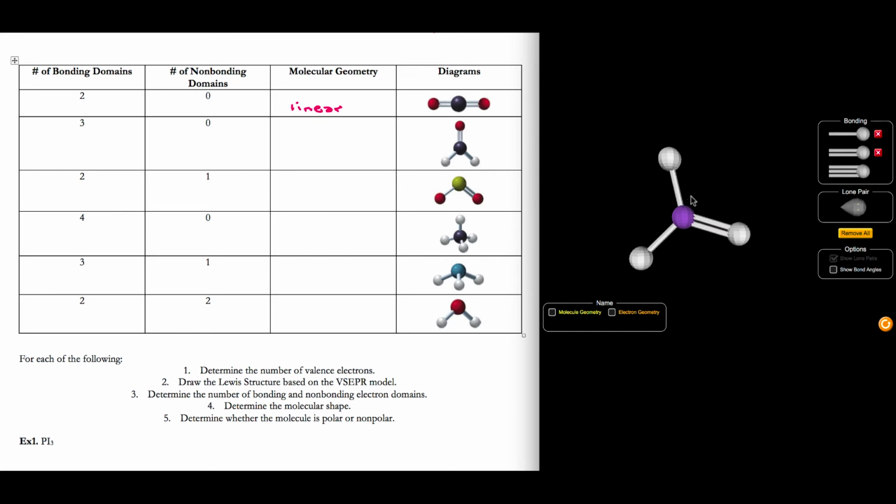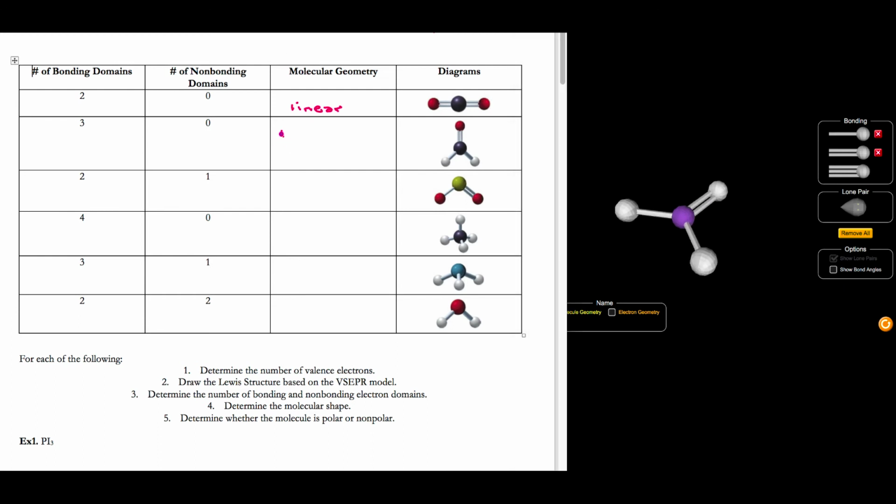This is what the shape looks like, and you can see it on the paper as well. Notice, as I manipulate it, all of your atoms are in the same plane, meaning if I had a piece of paper, it would cut straight through it. It would all be on one plane. And so the shape of this is trigonal planar.